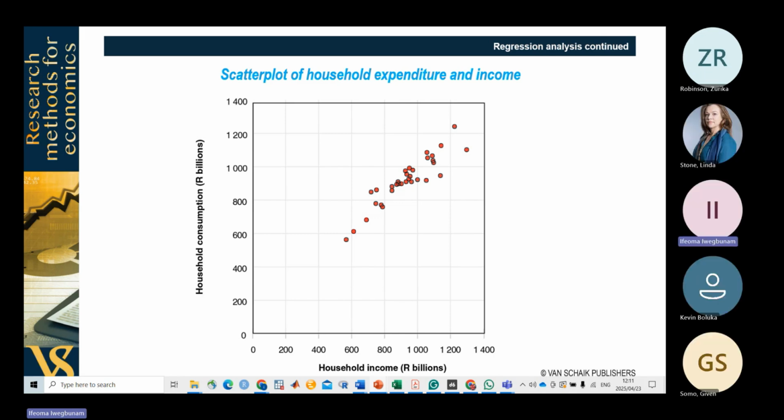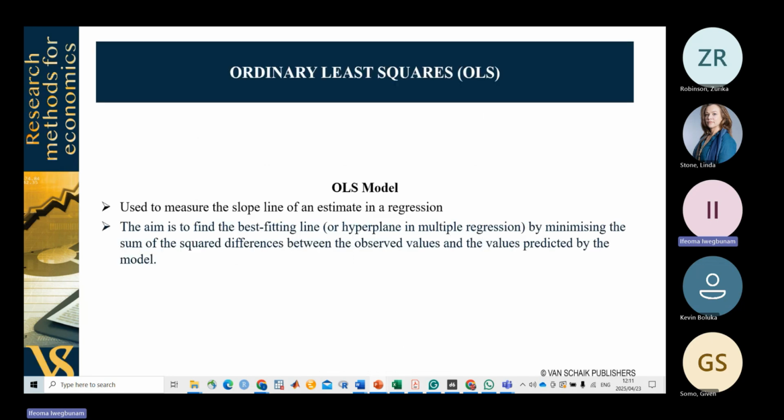So you can see that there is a relationship between the variables, which means they are correlated. But this does not explain that, okay, income has an impact on household expenditure unless they are measured, which I'm going to explain in other slides.